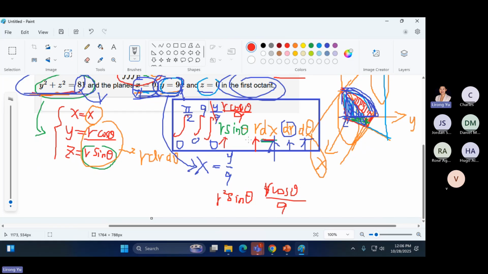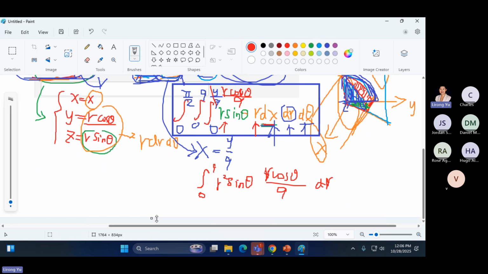X is done, and then we move on to the next layer of integration, the dr, 0 to 9 dr. Of course, theta is independent from r since it's a multiplication. If it's a summation, we're forced to integrate them part by part, but if it's multiplication, the sine theta cosine theta move out of the integration.